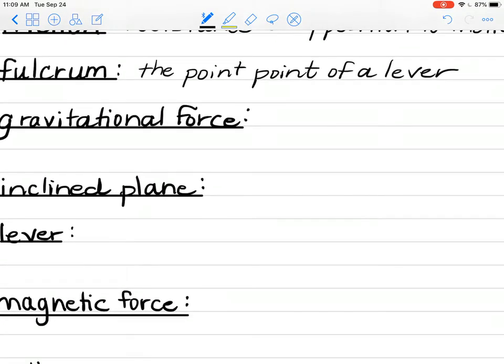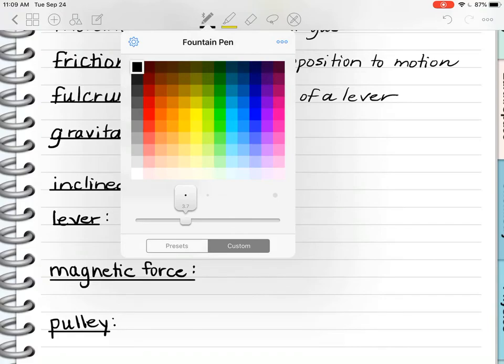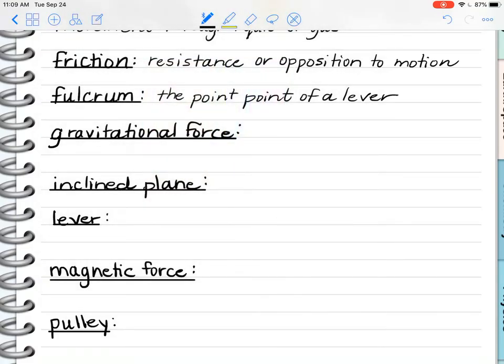Gravitational force. You can probably tell me this one without even having to write it down. Gravitational force is the force of attraction between two objects with mass.